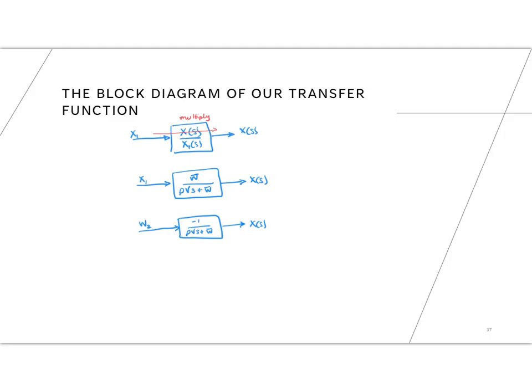Okay? And the actual fact is that both of these things could be changing. And so the effect of one and the effect of the other would need to be added to each other.